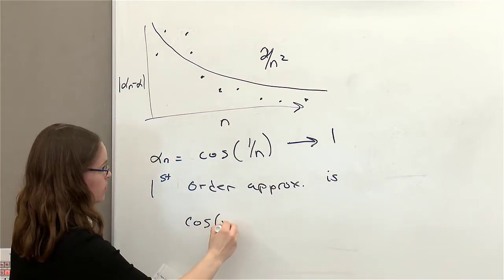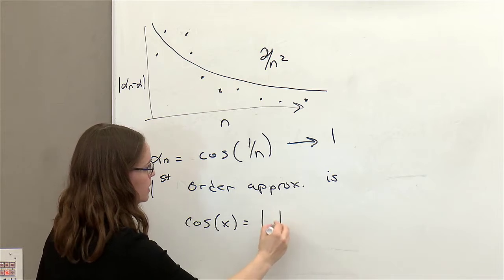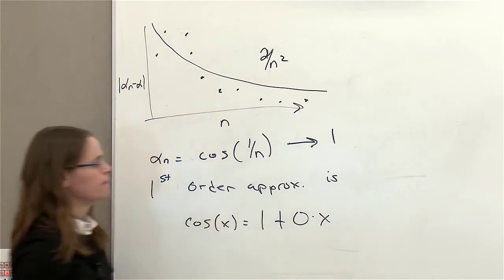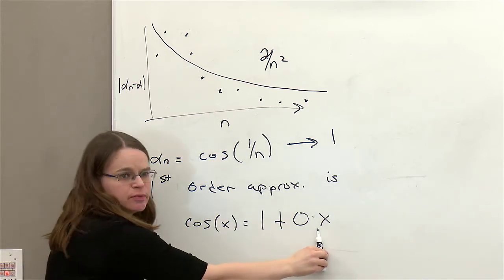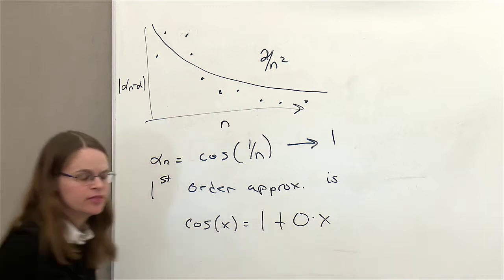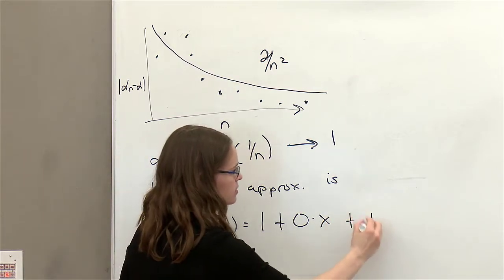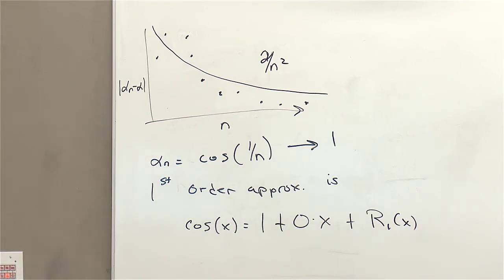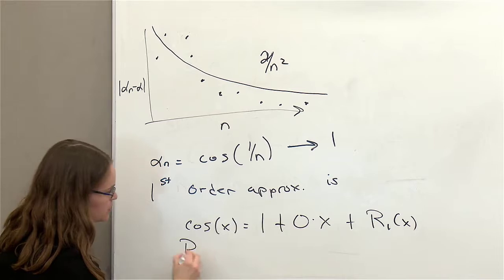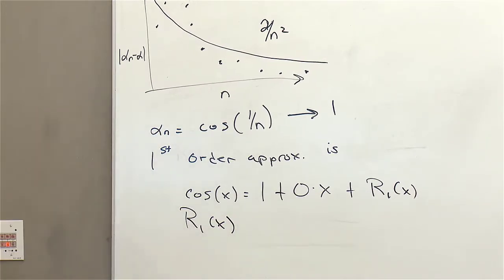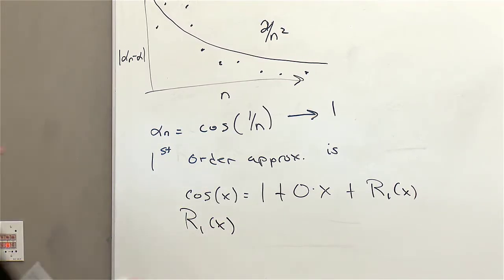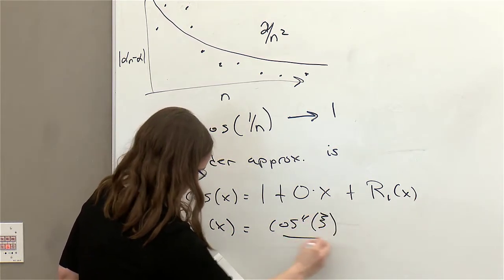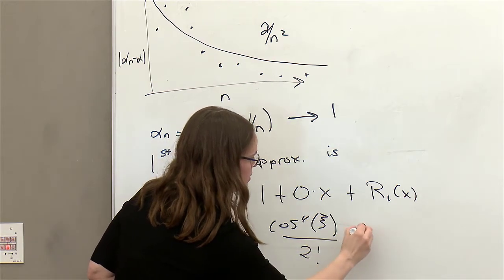Cosine of x equals 1 plus, okay, the linear term is 0 times x. The first order approximation means I have the linear term in here, which is 0 in this case, plus some error. And we know from Taylor's remainder theorem that the error basically looks like the next term in the Taylor series. So this is cosine double prime evaluated somewhere over 2 factorial times x squared.